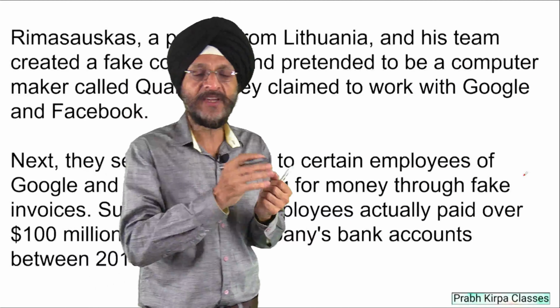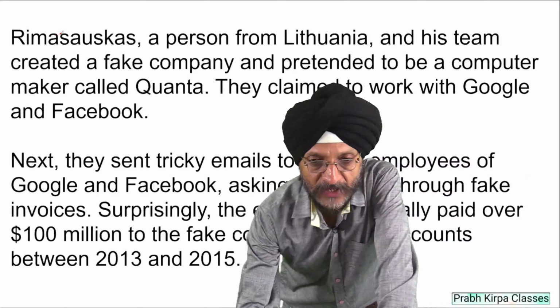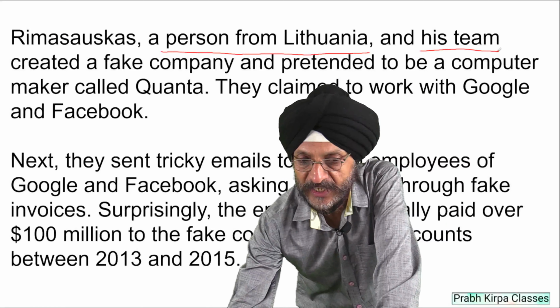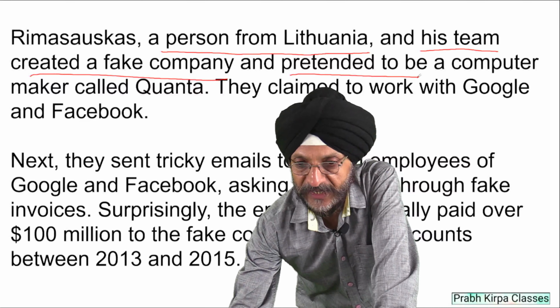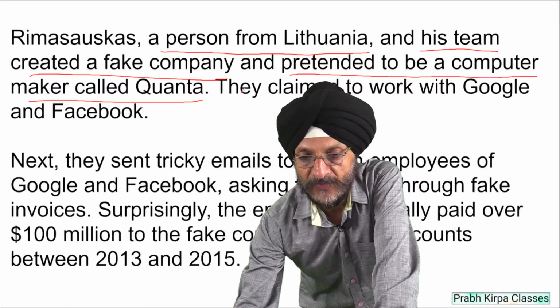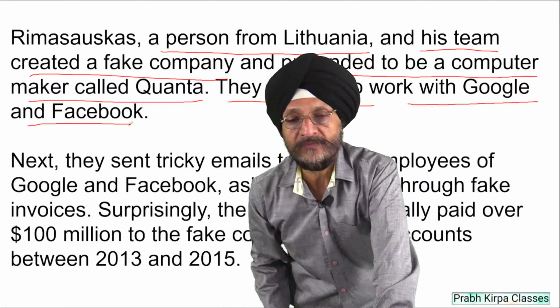We will give you an example. Rima Sukas, a person from Lithuania, his team created a fake company pretended to be a computer maker called Quanta. They claimed to work with Google and Facebook.